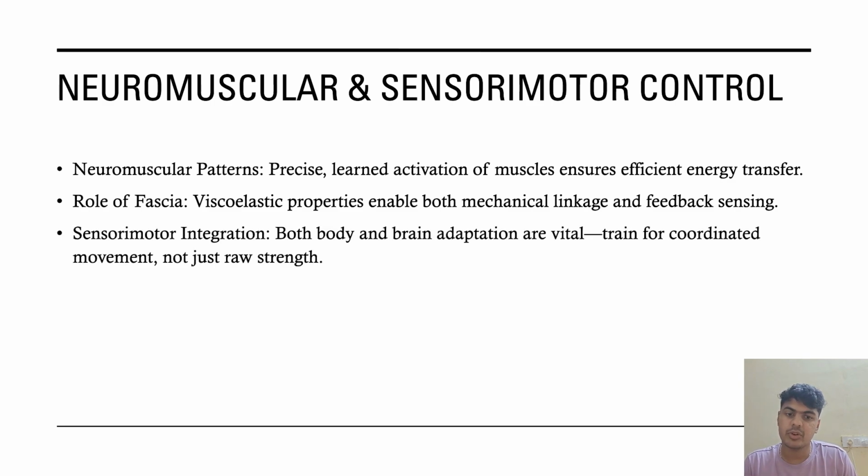Sensory motor integration: both body and brain adaptation are vital, trained for coordinated movement, not just for raw strength. As we saw before, I cannot stand here, throw a shuttle and hit it, and produce even 10% of my force, maybe not even that much. So it's not just the strength from my upper body.